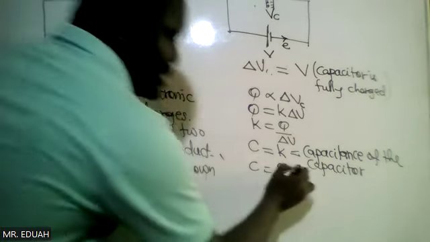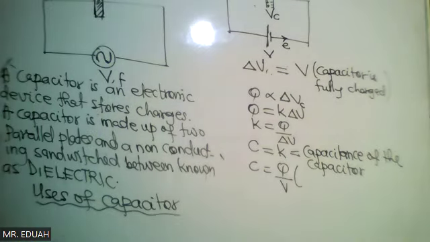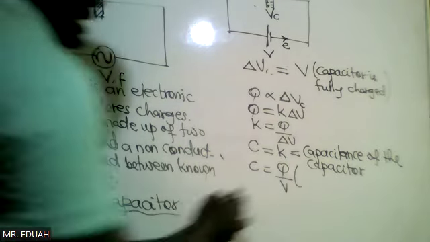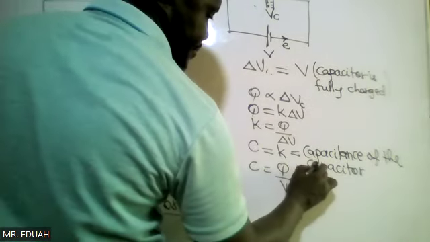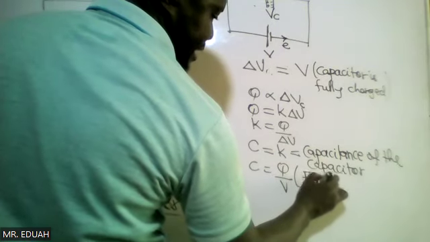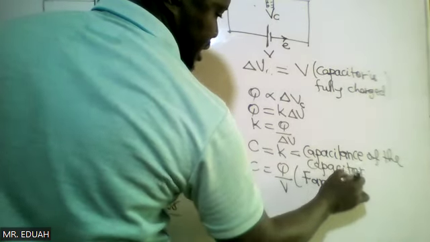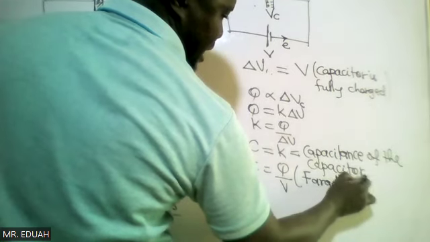The SI unit of the capacitance of the capacitor is the farad, shortened as capital F.